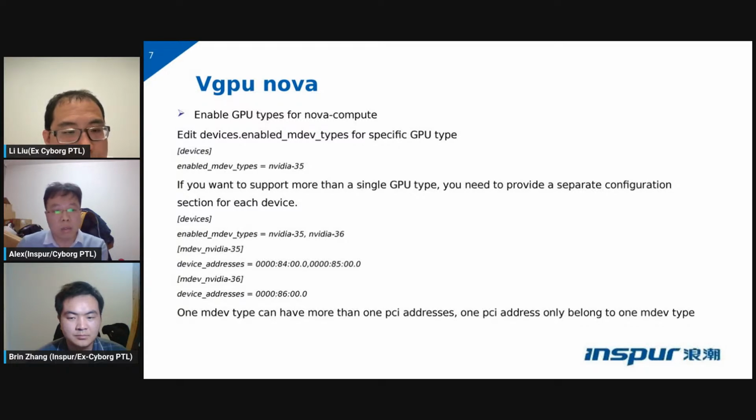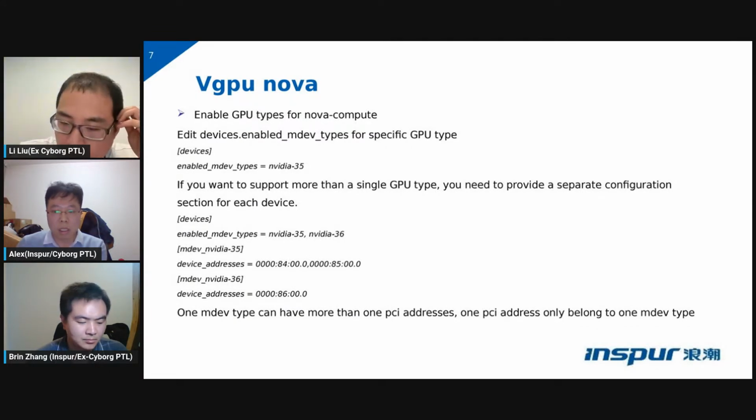So we should set the device NVIDIA 35 with its device addresses, and set the device NVIDIA 36 with different device addresses. The device address is the GPU PCIe address. One device type can have more than one PCI address, but one PCI address only belongs to one device type.